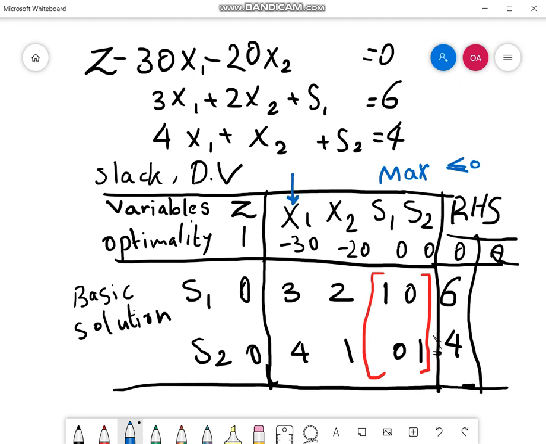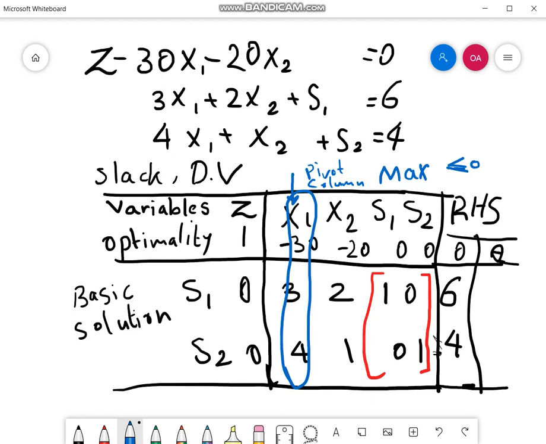This one is called the pivot column, or entering variable. This means I'm gonna make x1 enter my production line.